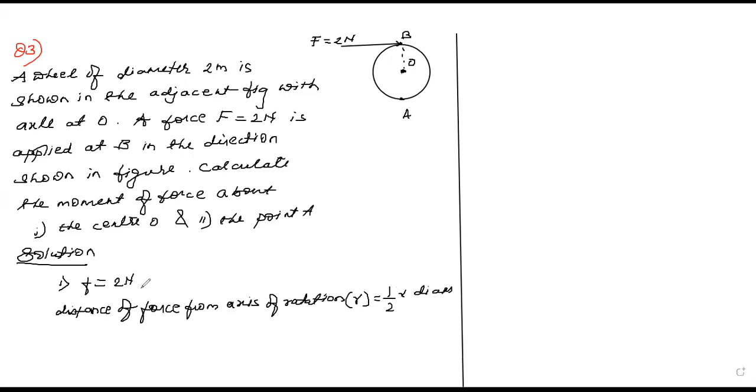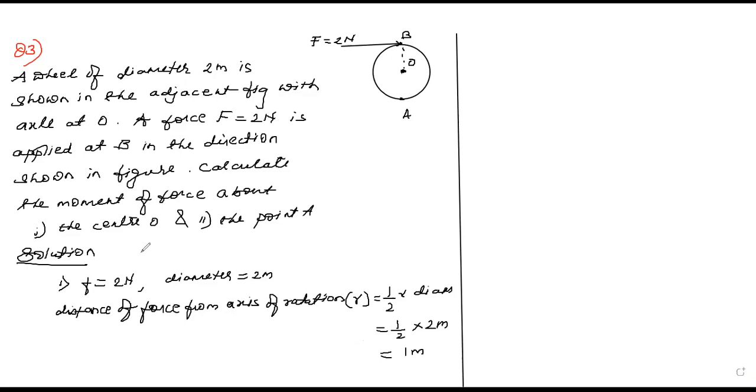And what is the diameter given to you? The diameter of the wheel is given as 2 meter. You can see here. So naturally, half into diameter, half into 2 meter. कितना आएगा बेटा? 1 meter. Got it? So the distance of force from the axis of rotation I also know.